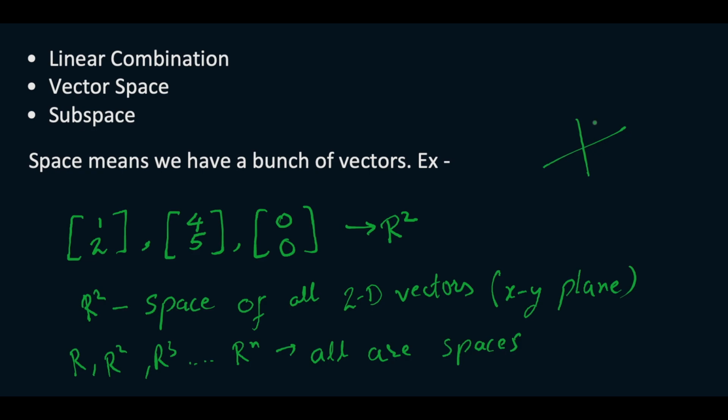So any point here will be a vector starting from 0. So this is a vector. This is also a vector. So when you take all the vectors in this, it becomes a space. So space is nothing but a bunch of all the vectors.